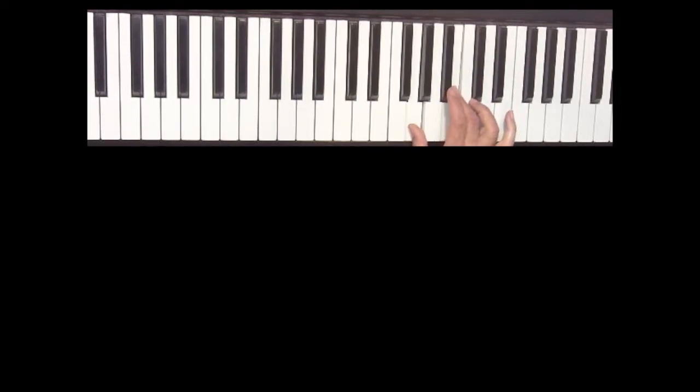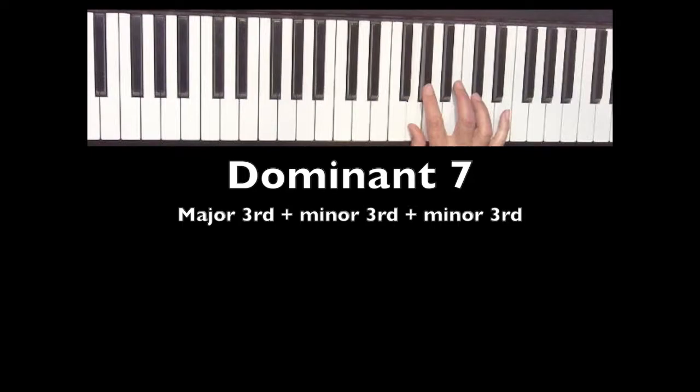From 1 to 3 is a major third, 1, 2, 3, 4 half steps. From 3 to 5 is a minor third, 1, 2, 3 half steps. And from 5 to 7 is 1, 2, 3, another minor third. So we can now say that a dominant 7th is built from a major third, a minor third, and another minor third.